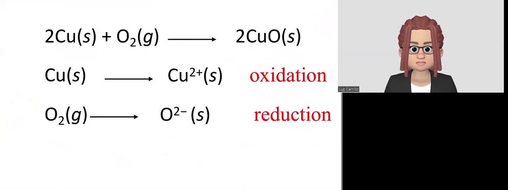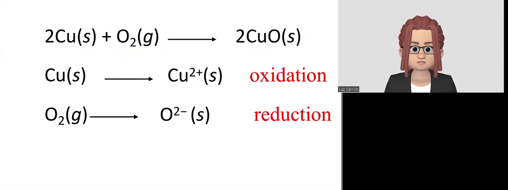As we look at what happens in this reaction, we see that the reactants undergo a change in oxidation number, which in a few moments we're going to learn how we assign. Elemental forms of copper and oxygen made the ionic compound copper 2 oxide.